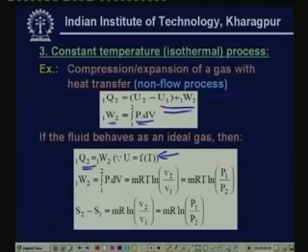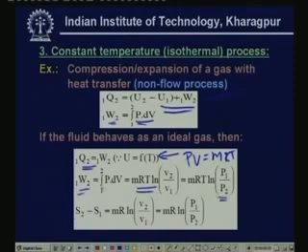And if you assume the gas to be ideal, you can replace P using this equation: PV is mRT. Replace P by mRT by V and perform the integration, so you get this equation. And you can also write the work transfer in terms of the pressures.